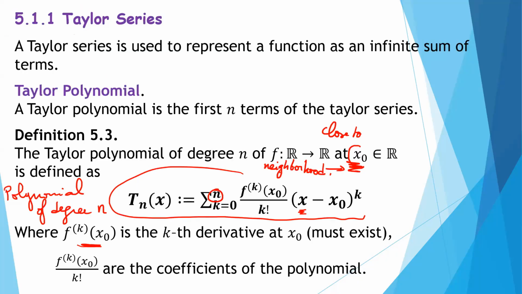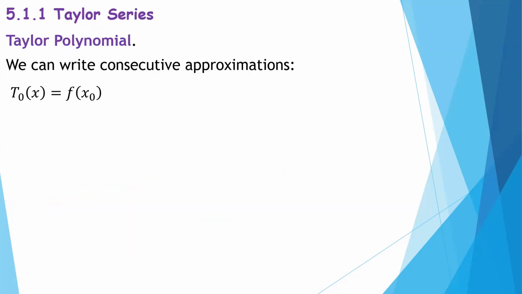So depending on n, the degree of the polynomial, we'll have different approximations of f. Of course, theoretically, adding more and more terms will improve the approximation. We'll discuss this later. For example, the Taylor polynomial of f in the neighborhood of x0 of order 0 is a constant.